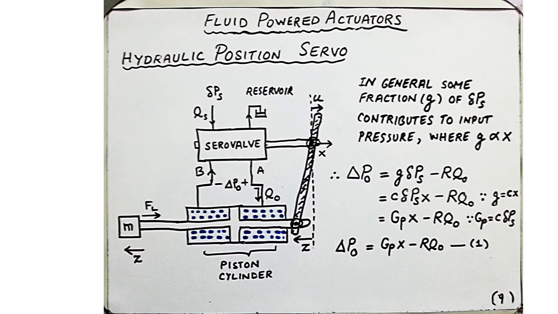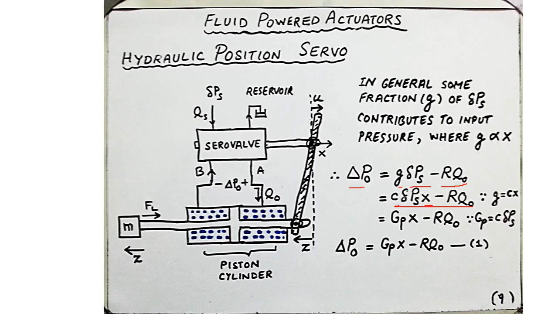Therefore, the first modeling equation is delta P naught equals that fraction g times delta PS minus RQ naught, and this g is proportional to X, so we can say that g is C times X, where C is some constant. So the complete expression will be C delta PS X minus RQ naught.